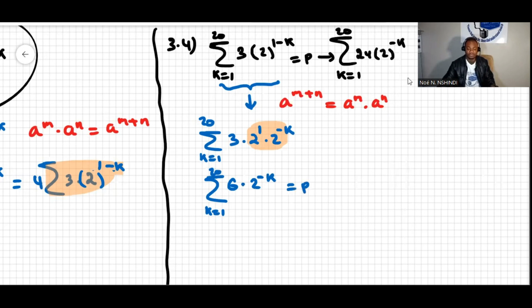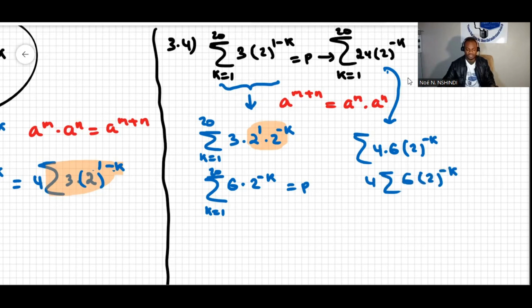Now on the other side, instead of writing 24, 24 is the same thing as 6 times 4, right? Or 4 times 6, okay, times 2 to the negative k. Now we can take 4 as a common factor, times 2 to the negative k. Now, you notice that these two are the same thing. So then you can say, therefore, this part here is just 4p, okay, because this is p. So 4p. Thank you.